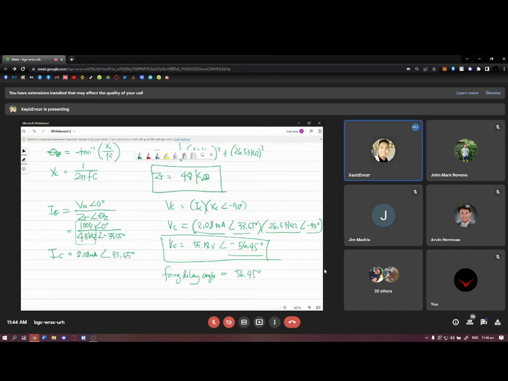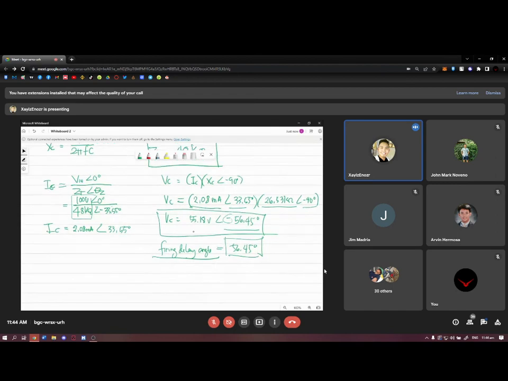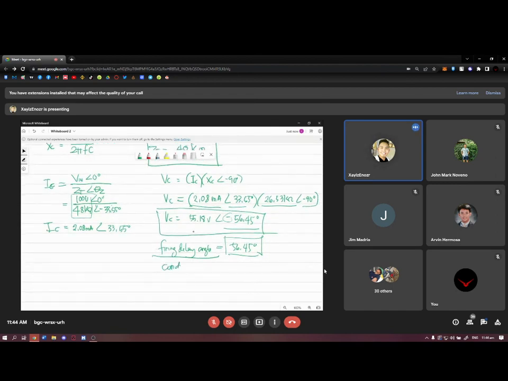Sir, bakit 56.45? Bakit hindi negative? Ibig sabihin ng negative kasi signifies lagging or delay. So sinabi ko naman na firing delay, ano yung delay niya? So that is 56.45. Okay? Ano naman yung conduction angle?